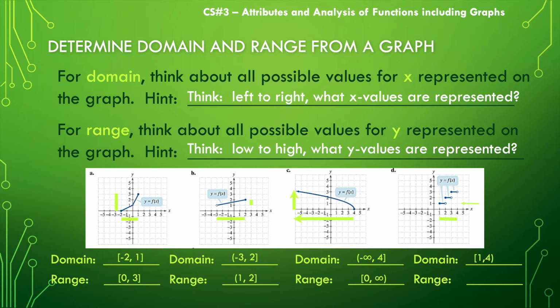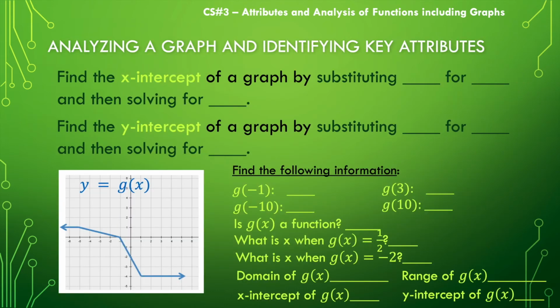But then there's not another y value again until we hit 2. And then there's a break again until we hit 3. So really I have only 3 distinct y values and not everything in between them. So I'm going to list those y values in my list form, which is with those curly braces, 1, 2, 3.